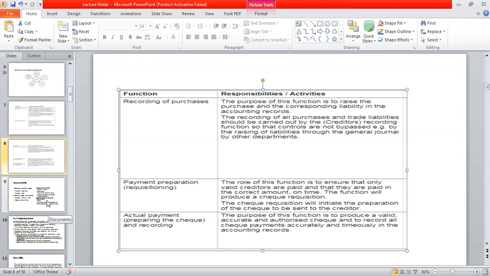So the purpose of all these functions and their responsibilities is to make sure that the auditor or the risk auditor is aware of the different stages and steps within the process, so that the auditor will be able to pick areas where there are some shortcomings.